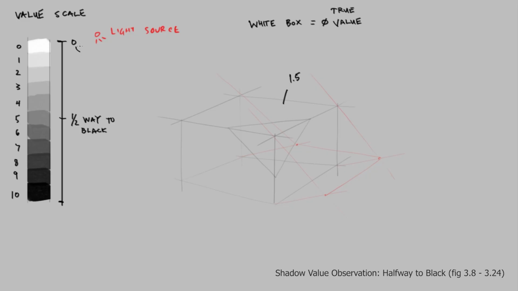It's not going to be a value of 0 because the light is coming in at an angle. So that top surface is actually going to be a little bit darker because the light isn't hitting it straight on. If the light were coming down straight vertically onto that top surface of the cube, then we would have a true value or local color of white, or 0 in this case.